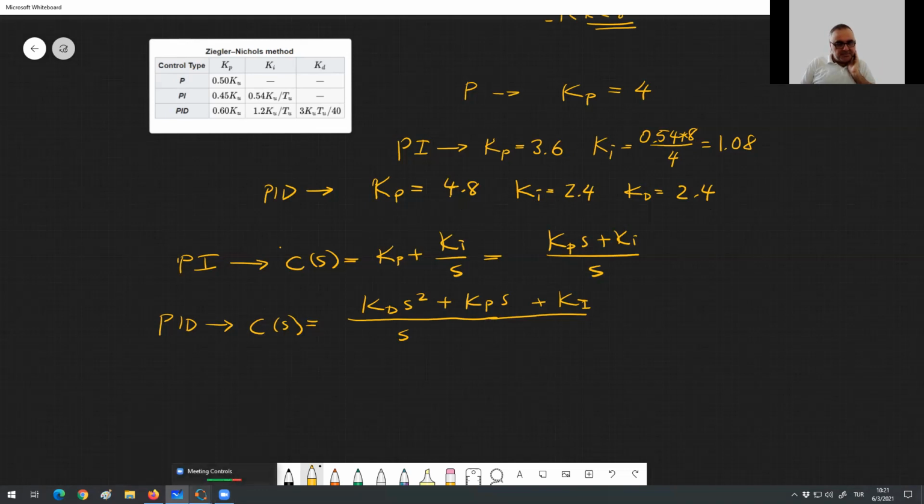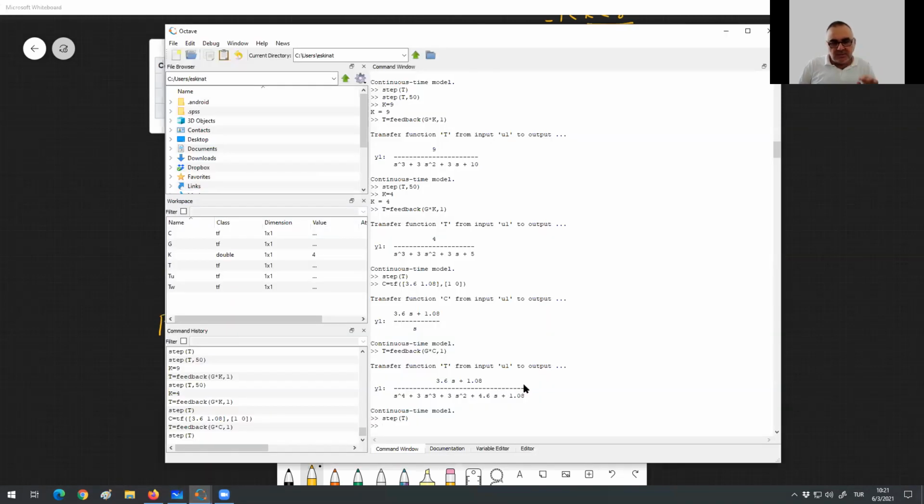Okay. Go to Octave again. So C equals transfer function of 2.4.